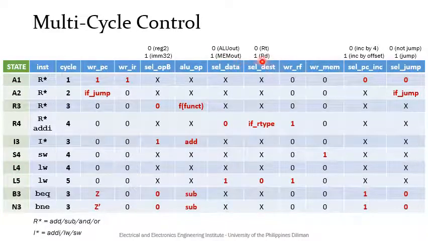For select dest, since the last states for R-type and add-I instructions are merged at R4, but with R-type instructions writing into RD and add-I instruction writing into RT, then we can write the entry for select dest to be some logic if R-type, so that RD is used for R-type instructions and RT otherwise. For load word at state L5, the destination must be RT, so we write 0 for select dest.